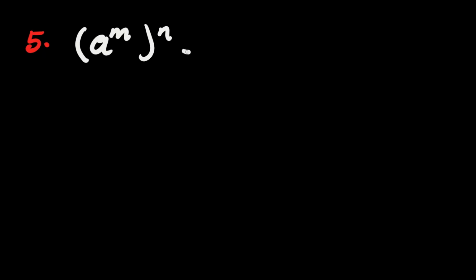Meaning the answer to this one here would have to be a to the power of m times n. They would have to be multiplied, not added to each other, but multiplied.